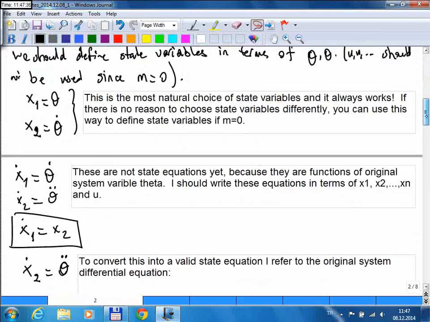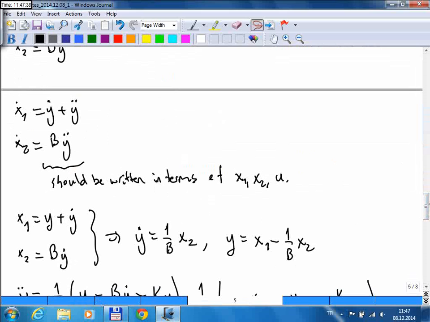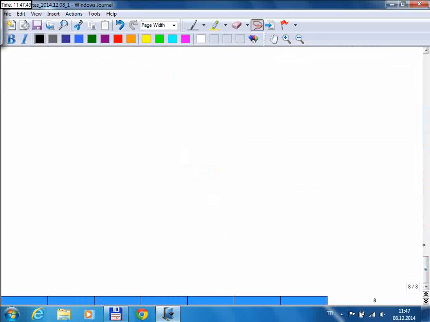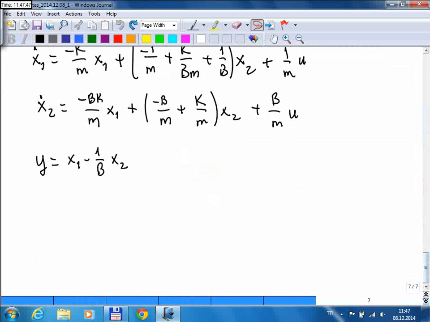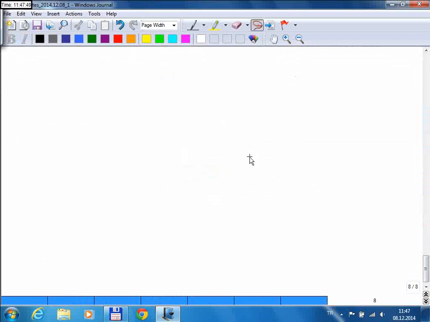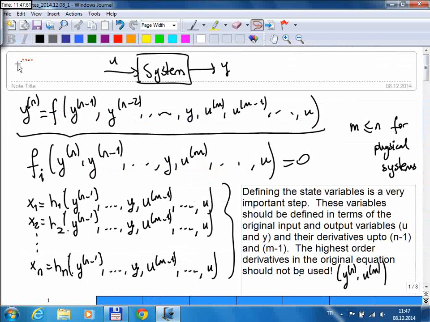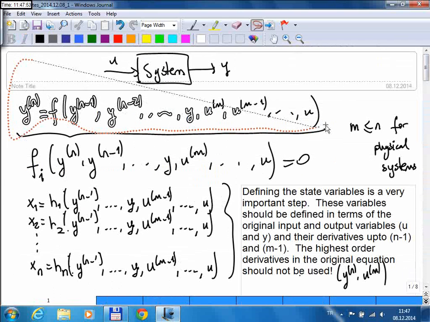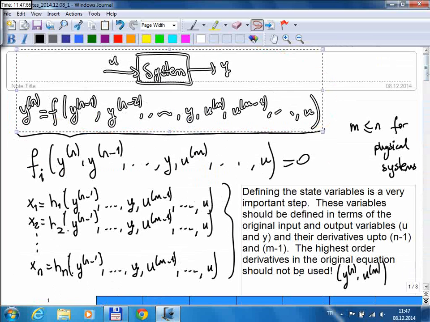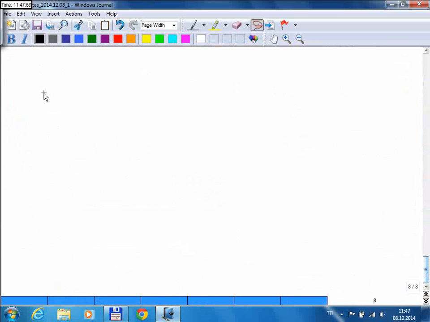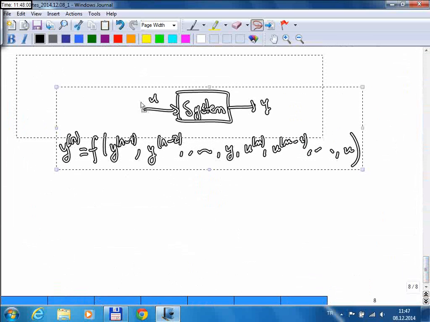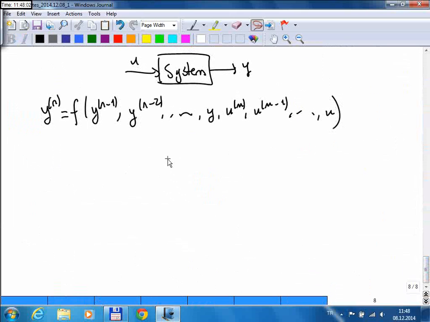One of the questions was, what is this state space representation anyway, and why are we doing it? Suppose that we have a system and this is the differential equation.